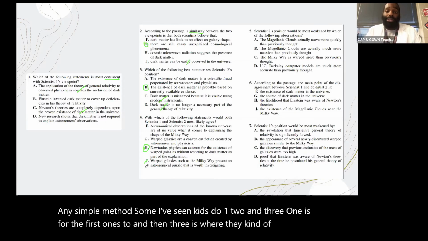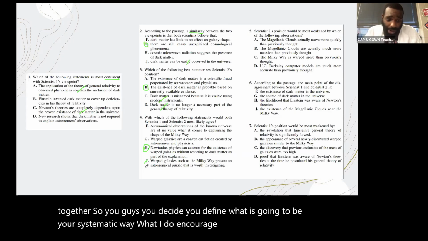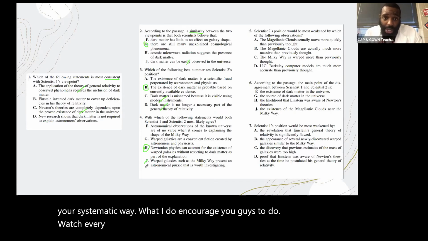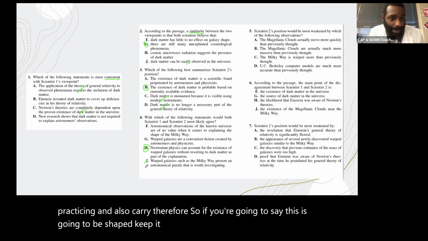You define your own systematic way. Whichever symbolic way you choose, use it in your practicing and carry it forward. If you're going to use shapes, keep it consistent throughout.